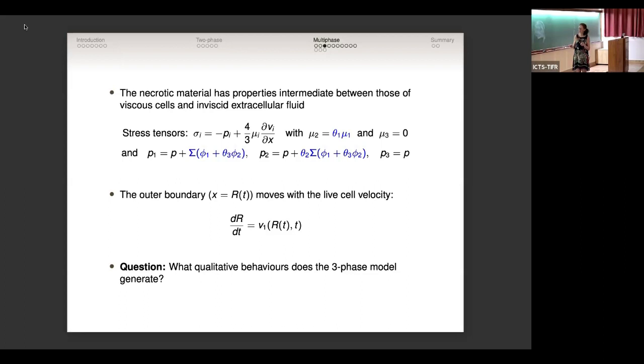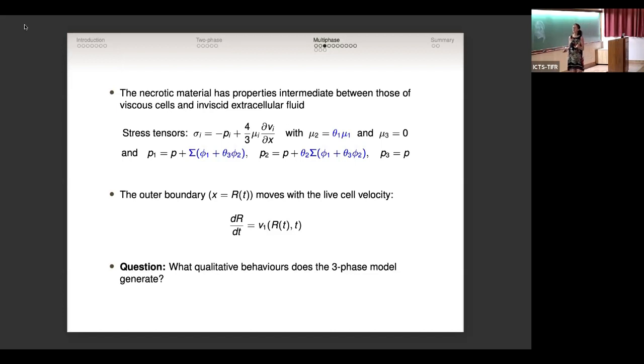And as in the previous models, we assume that the outer boundary of our domain grows at a rate determined by the live cell velocity on that boundary. You can go through all of the algebra, it's just a little bit more horrible.